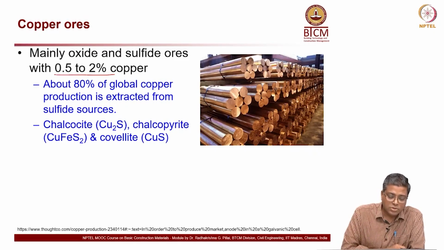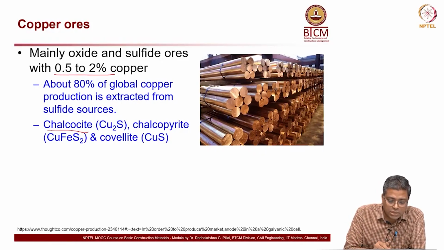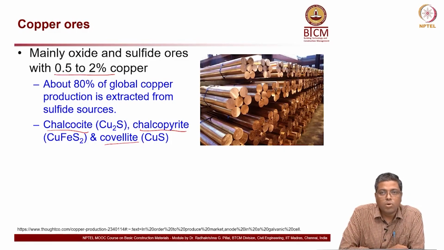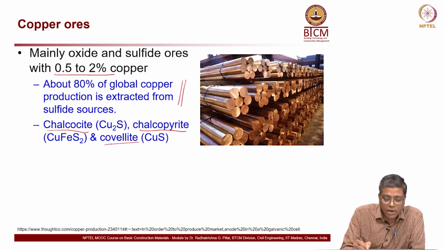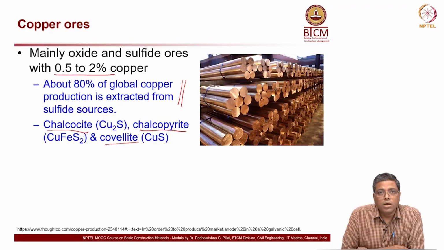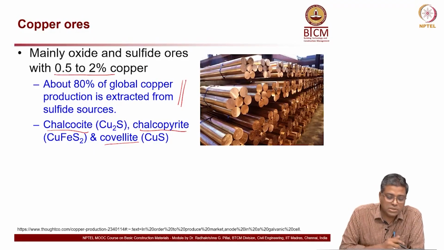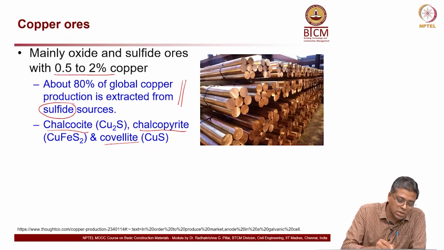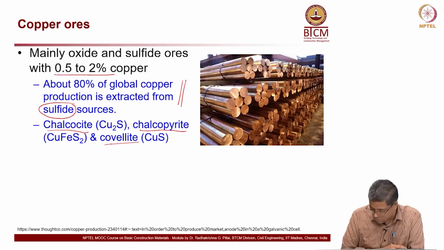And what are the typical ores? This chalcocite and chalcopyrite and then covellite. So, these are the typical ores which are being used, and about 80% of the global copper production is from the sulfide source. So, this is the main copper ore which is used.